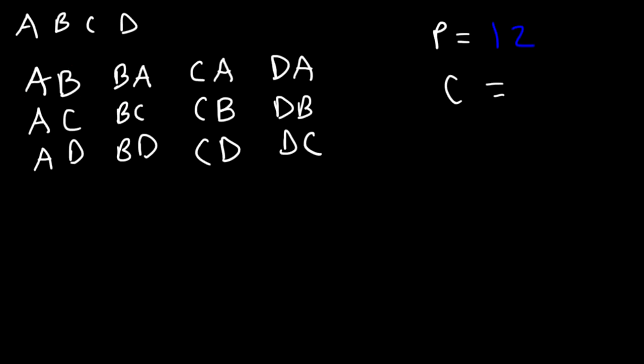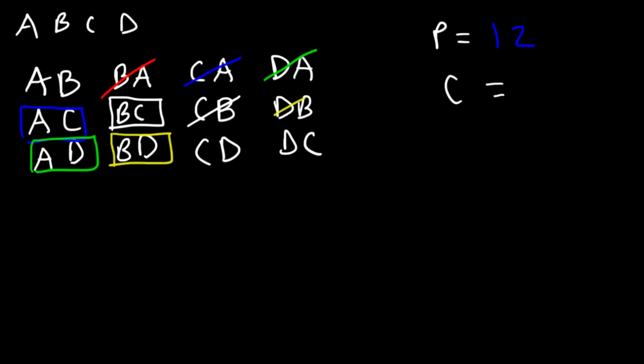So if we're going to count AB, we can't count BA. If we're going to count, let's say, AC, we can't take into account CA. If we're going to count AD, we have to eliminate DA. If we're going to use BC, we need to get rid of CB. If we're going to use BD, we can't use DB. And finally, if we're going to use CD, we have to get rid of DC.